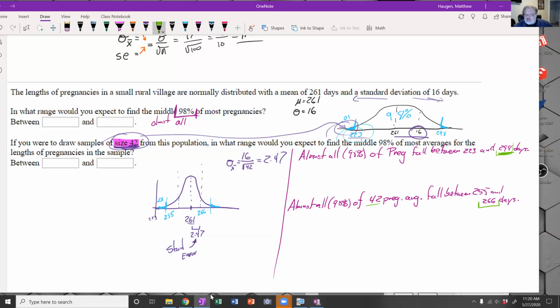That way you would end up with enough supplies for the highest thing you would expect to see out of your average of 42 without having to oversupply based on the individual value.